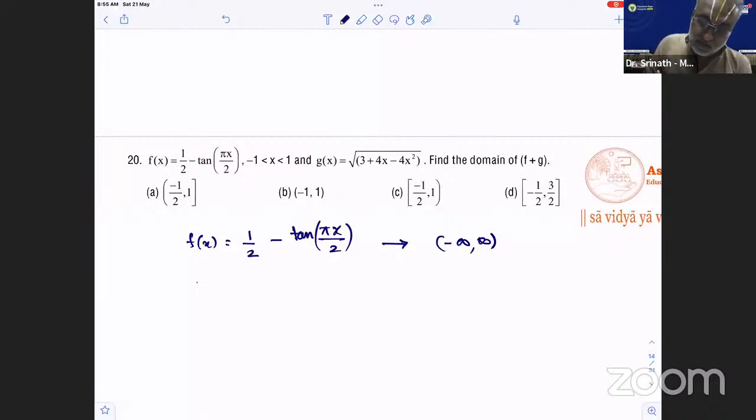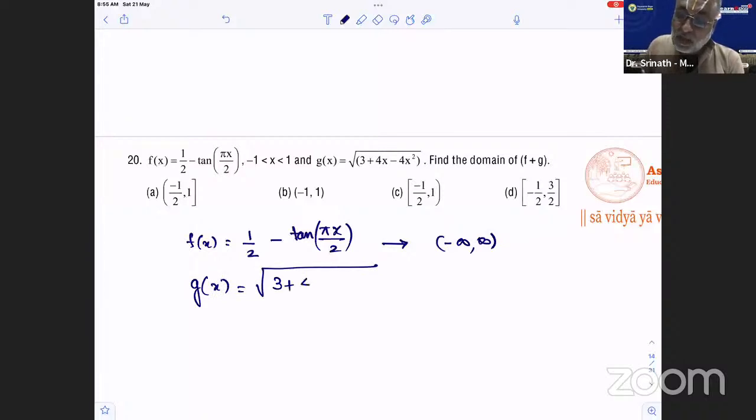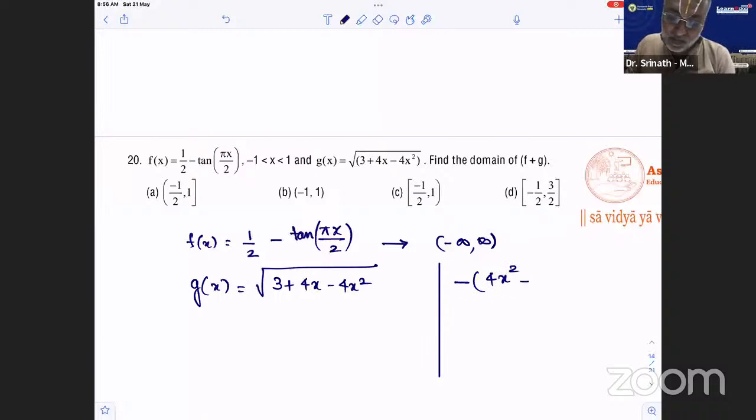Now, if you take g of x, this g of x is given to be root of 3 plus 4x minus 4x squared. Let me make some working here. I'll write it as 4x squared minus 4x minus 3.